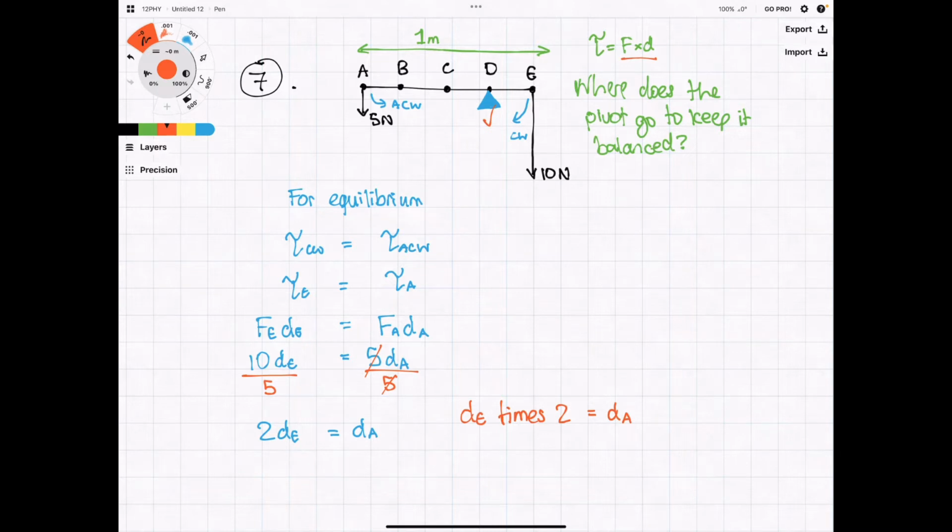10B, question 7. Now, because it's 2 times that one, we should realize that actually it's not quite on D, because we need to divide this pivot into thirds, because we've got 2 times something equals one other thing. So we want to think about thirds, which makes it a little more tricky.